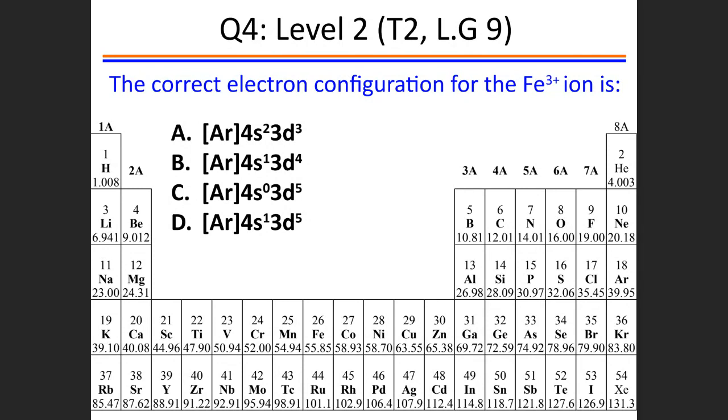So now you have to count the electron number here, the 4s and d level, and then find out which one is the correct configuration for iron 3 plus. That means let's go back again to the electronic configuration of iron.